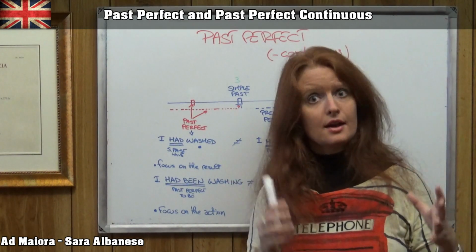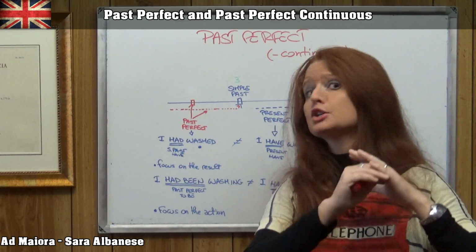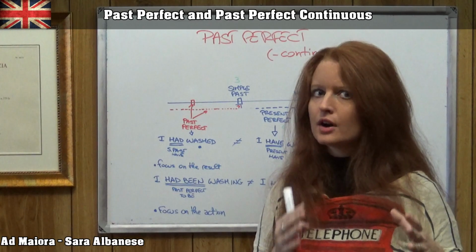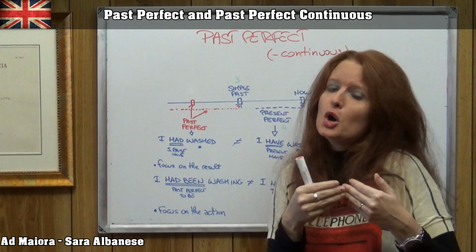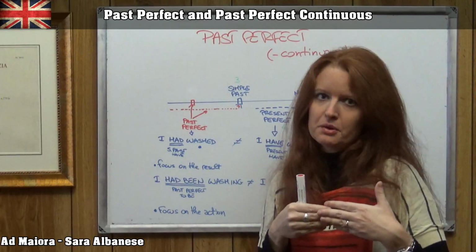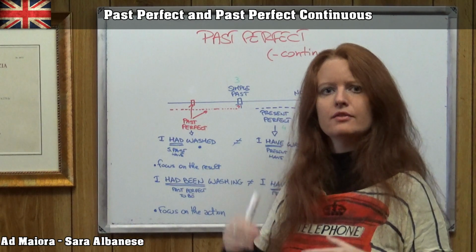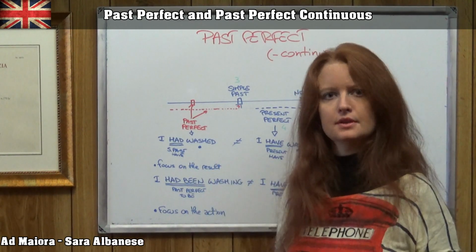Simple past is an action that happened in the past and it's finished, it's concluded, absolutely over. This is very important. It doesn't matter whether it is very close to now, so very recent, or very far away in the past, very old. It doesn't matter, it is always a simple past.